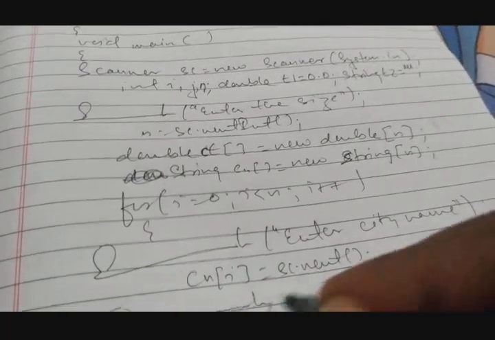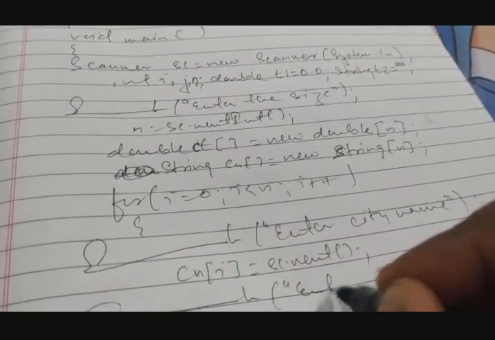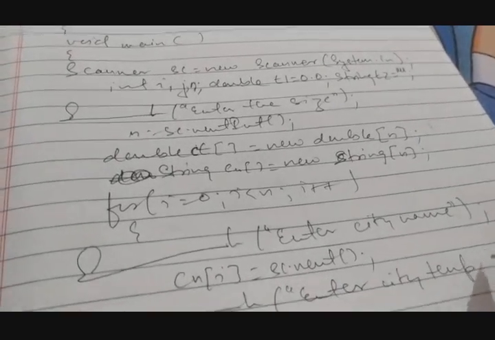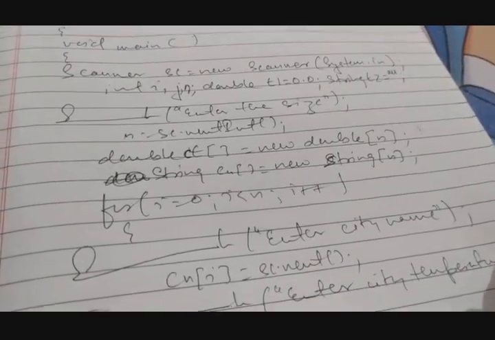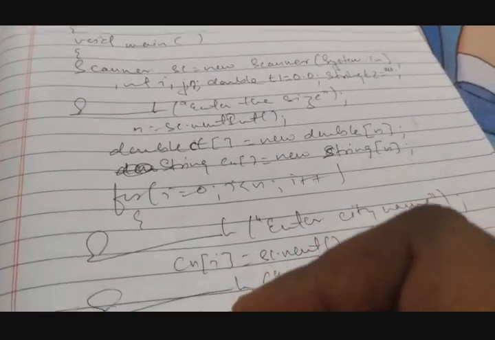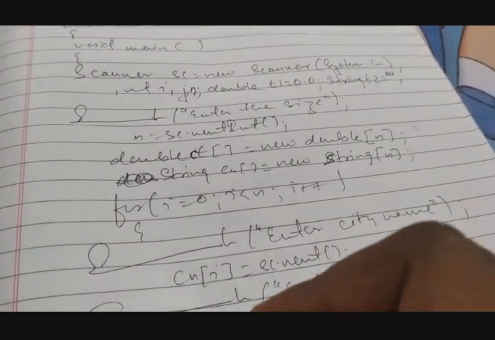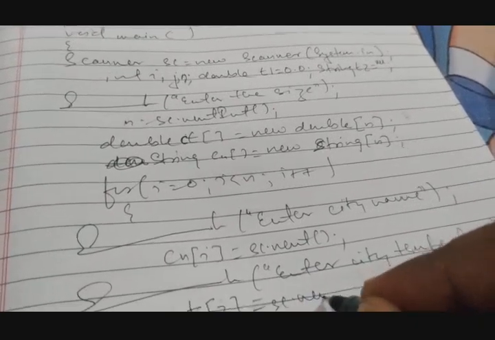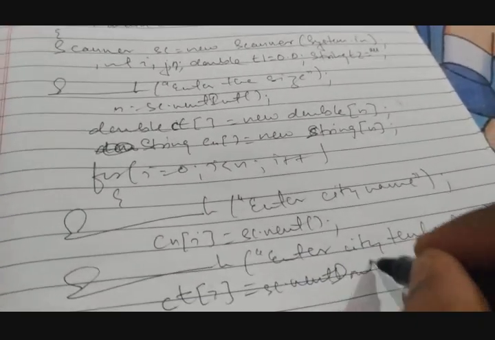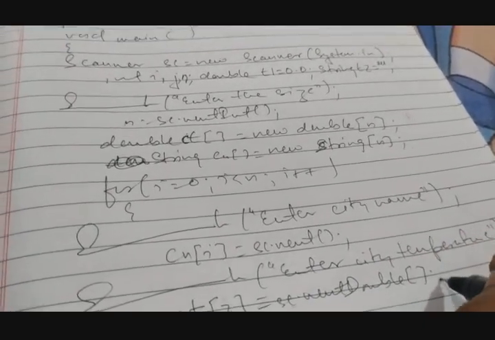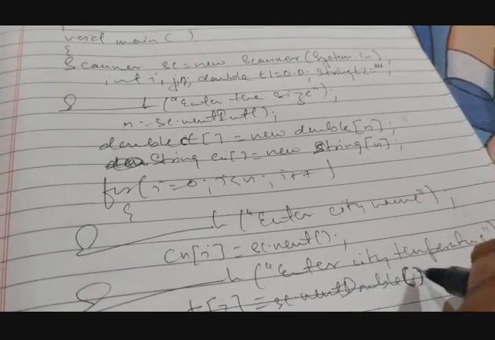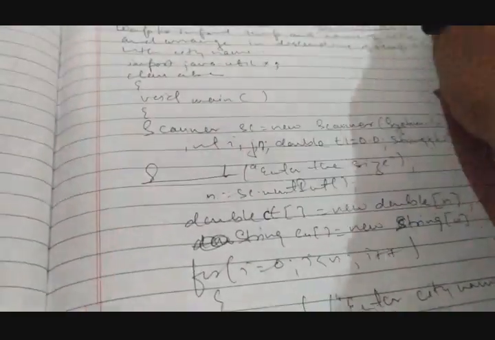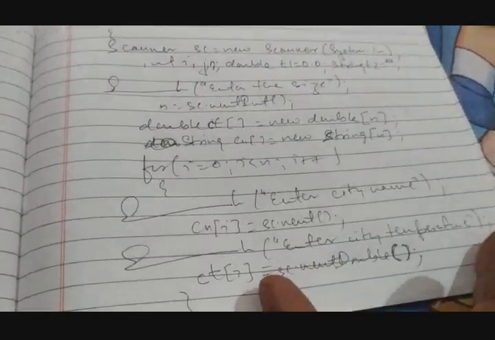So enter city temperature, city temperature of i equals to sc dot nextDouble method. Main close. Now here you have to implement your logic.